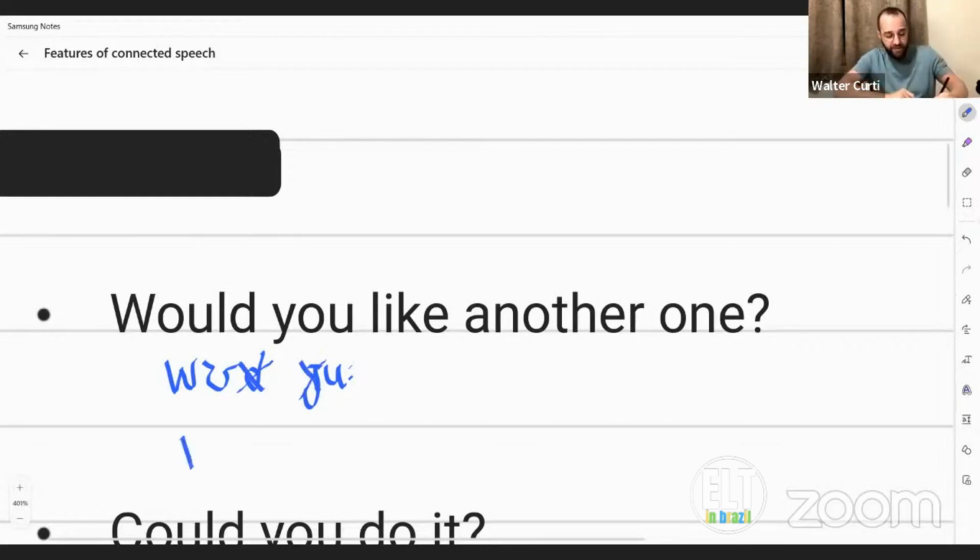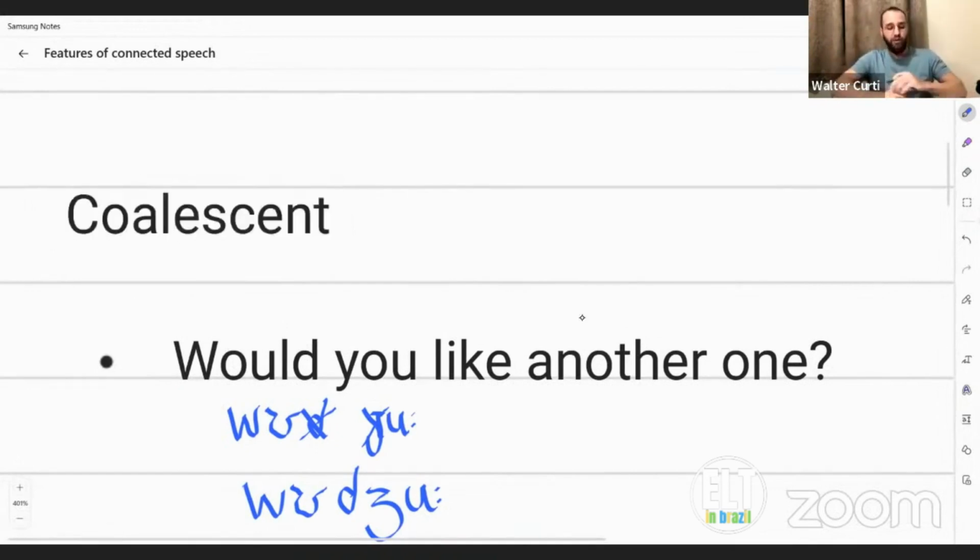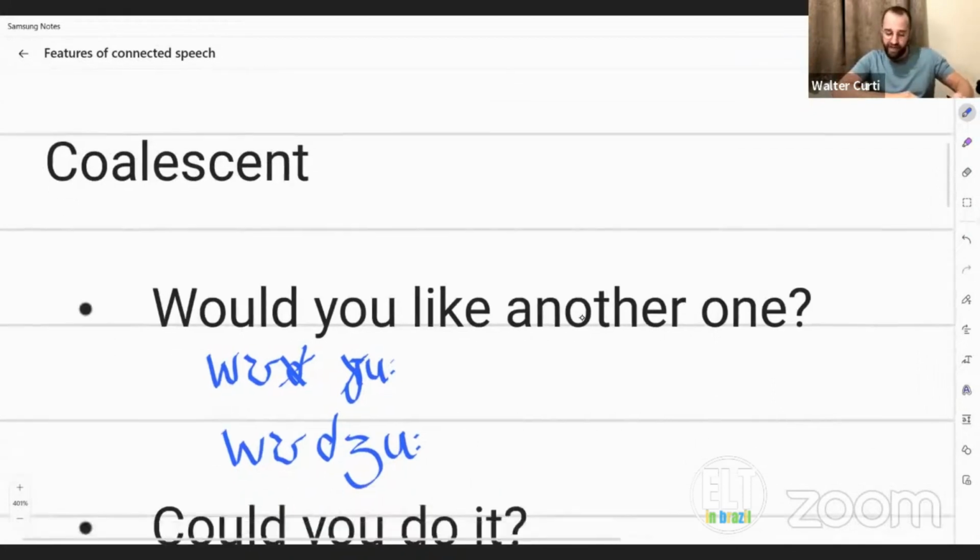It becomes would you. So in this case, you're actually changing two sounds into one, which means different from the previous case, we're going to call it coalescent assimilation, right?